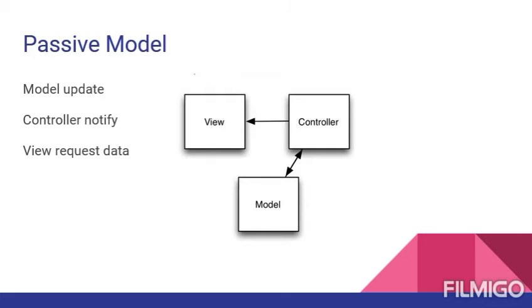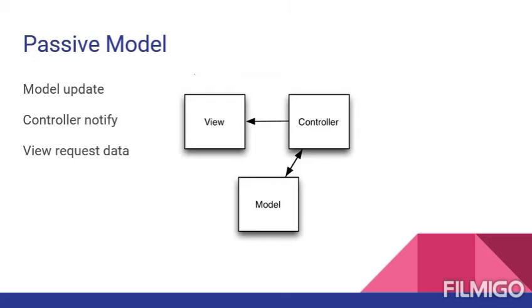At that point, the view will request data from the model. As you can see from the image in the slide, the controller has a link to the model, and the controller has an update link to the view, and then the view has a link back to the model to fetch the updated data.